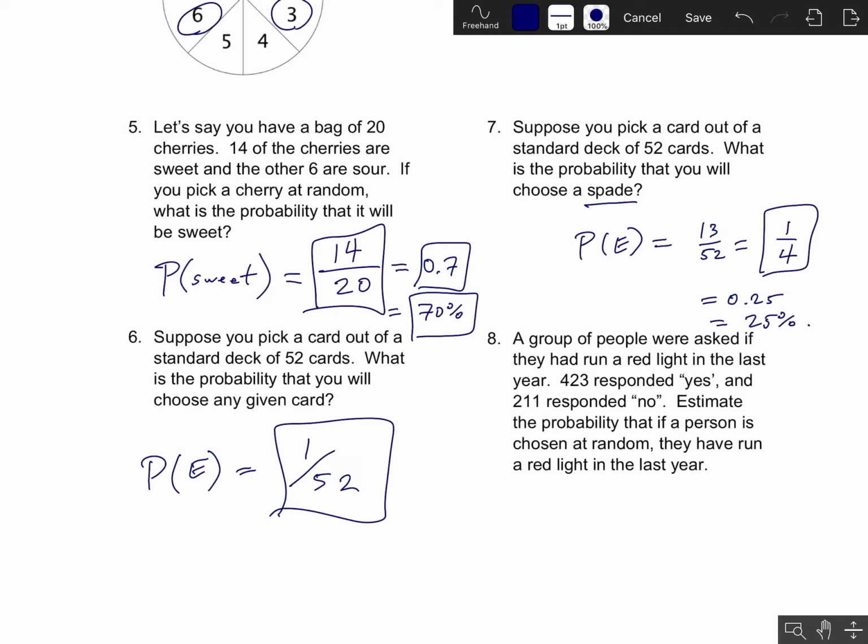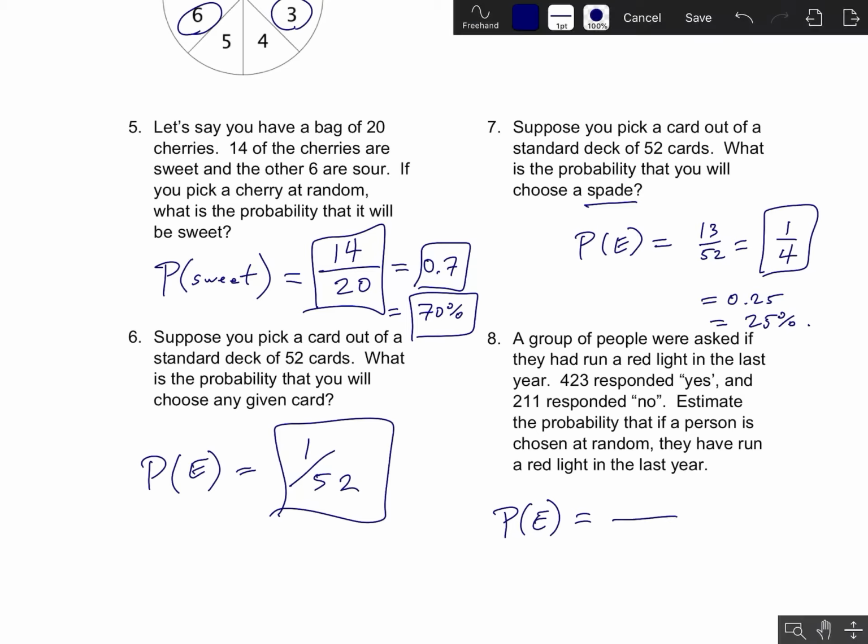And then lastly, in 8, a group of people were asked if they had run a red light in the last year. 423 responded yes, and 211 responded no. Estimate the probability that if a person is chosen at random, they've run a red light in the last year. So here we want the probability that they've run a red light.